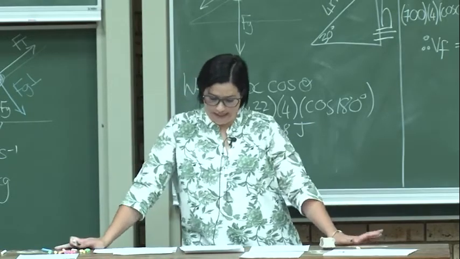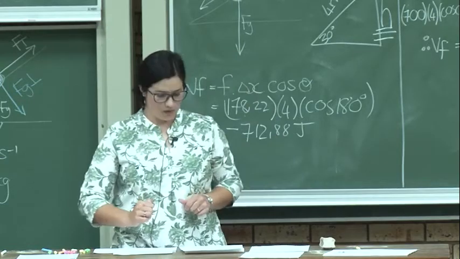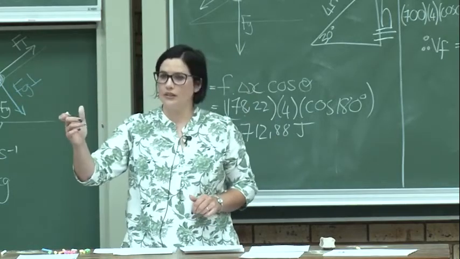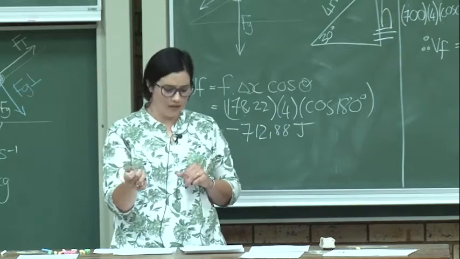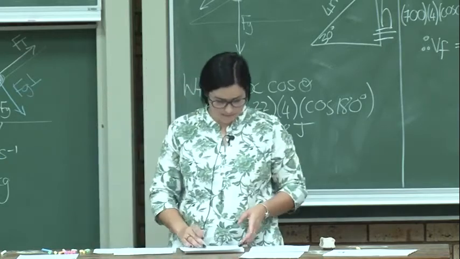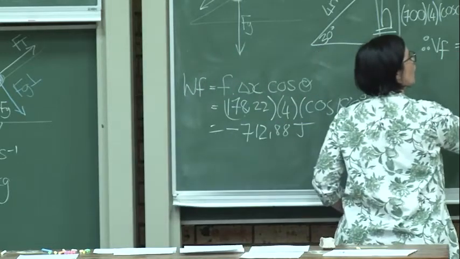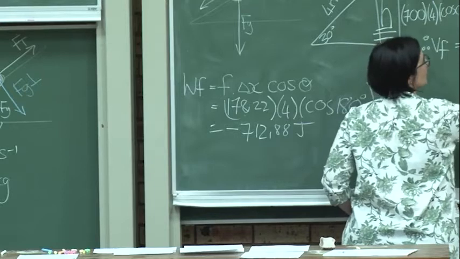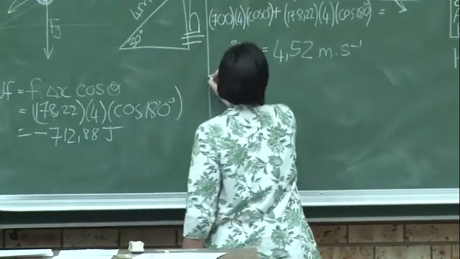I'm wondering. You're correct, 4.52, is that what you got? V final is 4.52 meters per second. You agree?